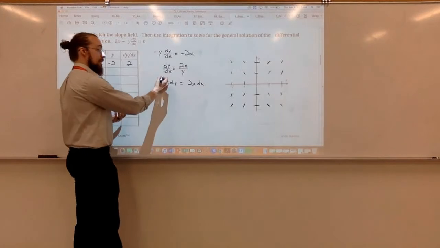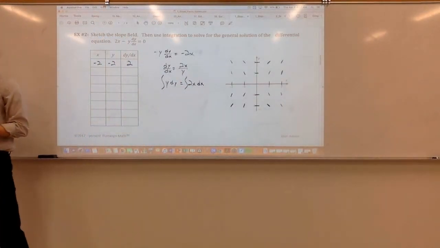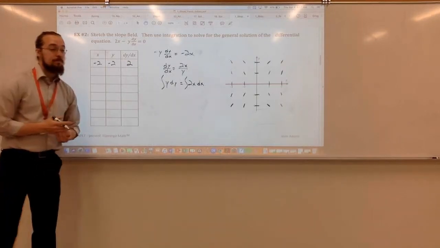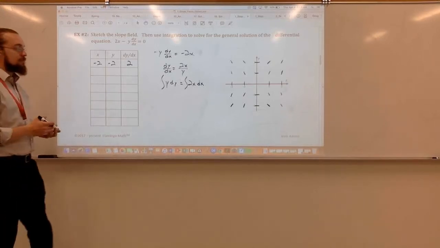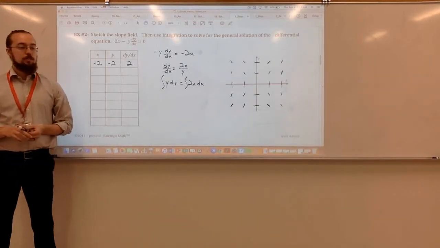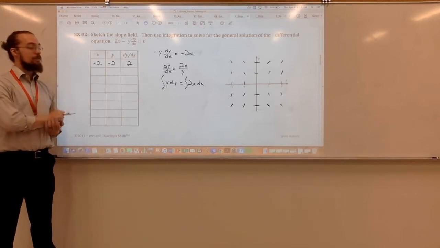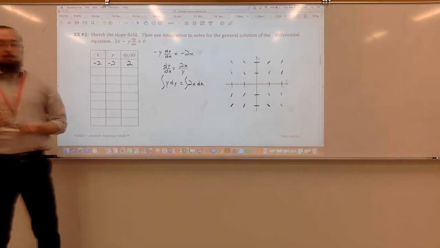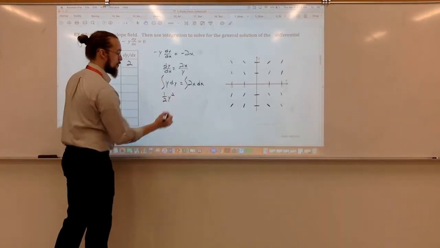Because now we can take the antiderivative of both sides. What's the antiderivative of y? So we treat it just like an x. What's the antiderivative of x? It's 1/2 x squared, so this will be 1/2 y squared.